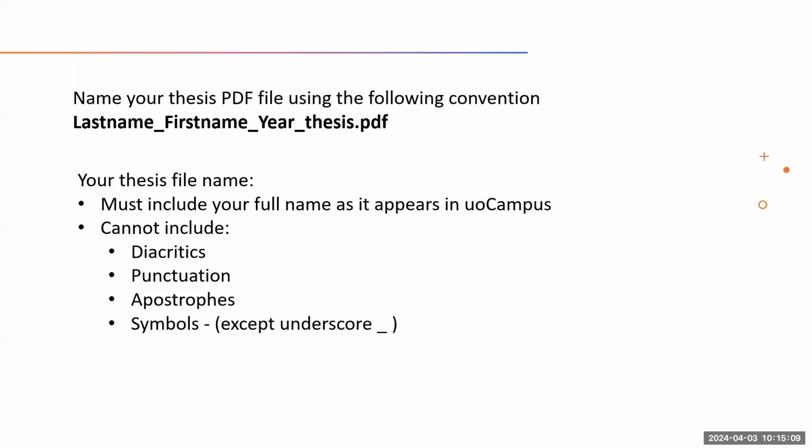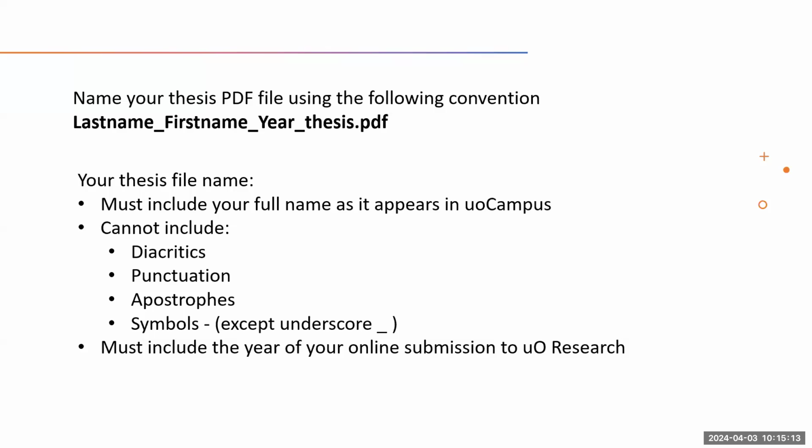It's really just that file name that they cannot appear in. Lastly, the year should be the year of your online submission to UO Research. And so here's an example of a file name. We would have Hatheril underscore Jeanette underscore Ann underscore 2021 underscore thesis dot PDF.